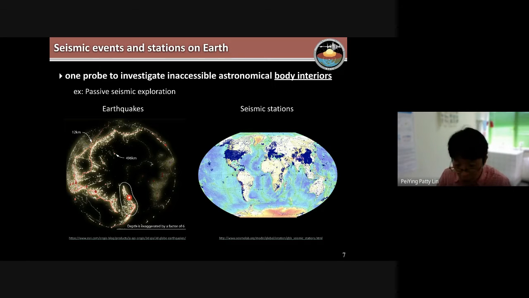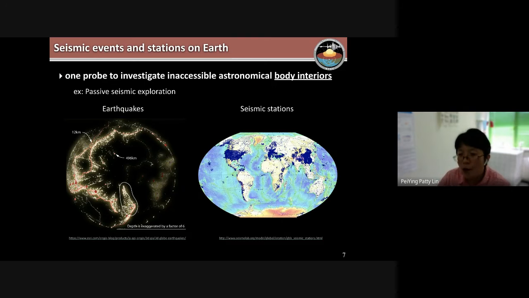Take, for example, the Tonga Trench, a very active tectonic region on Earth. You can see the earthquakes happen from the surface to the deep. On the other hand, for over 50 years, many broadband seismic sensors have been recording on the Earth, deployed on the Earth's surface and even some in the ocean.